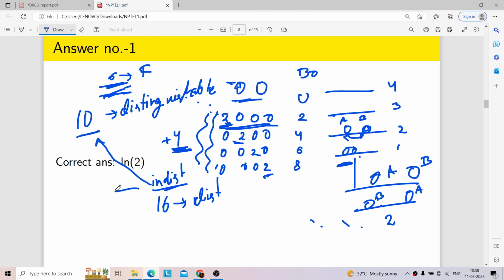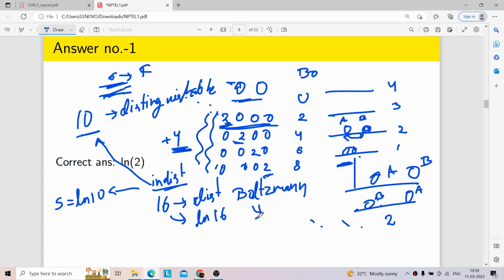So for the indistinguishable case we have entropy as ln of 10, and for the distinguishable case we have entropy as ln of 16. Right. So this is the form that Boltzmann gave.